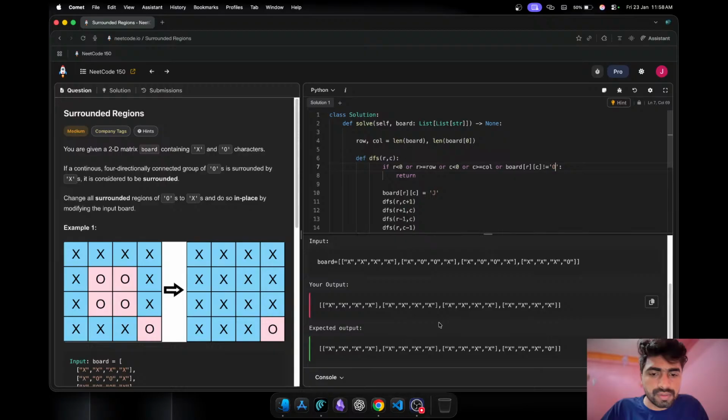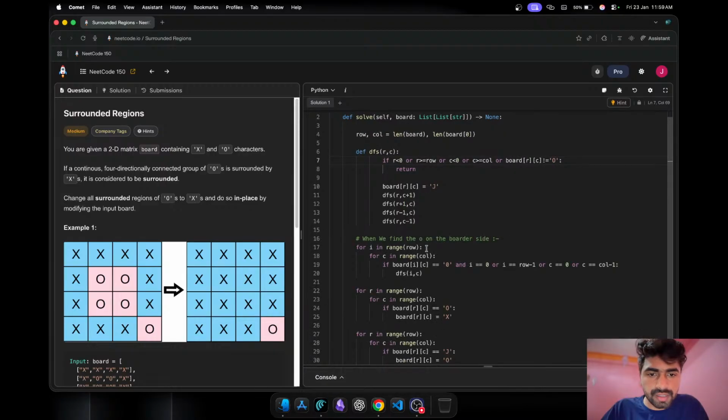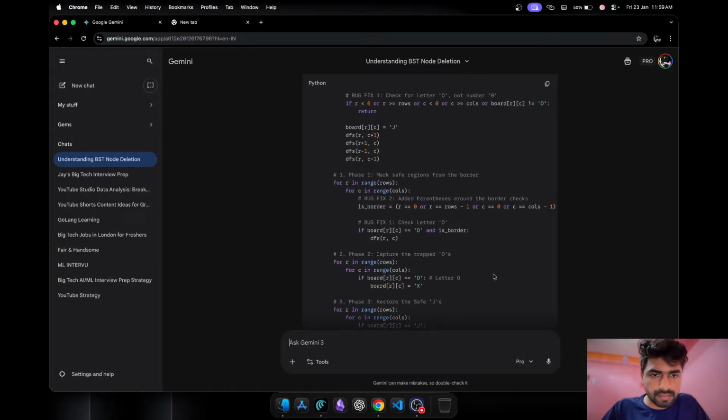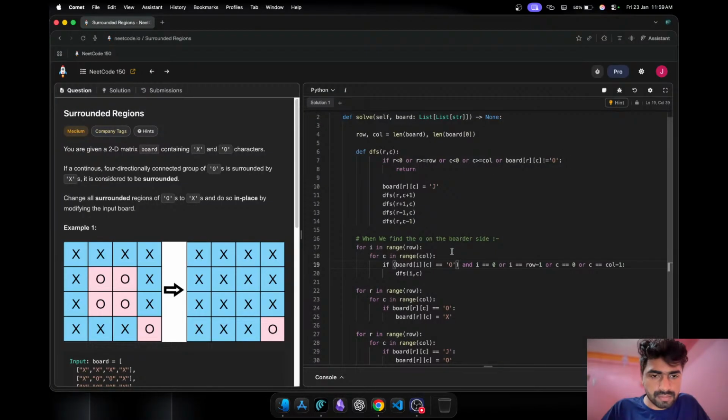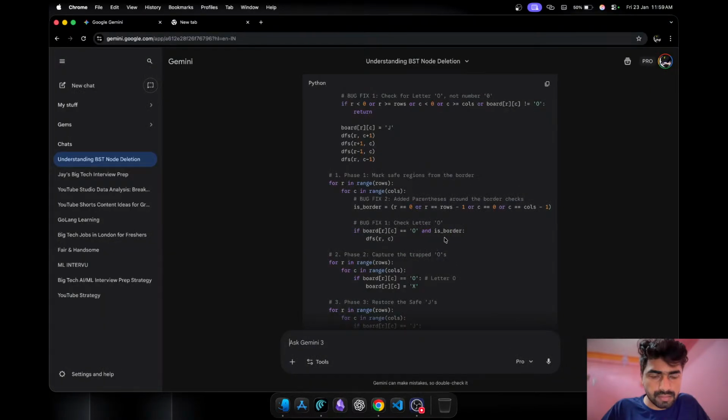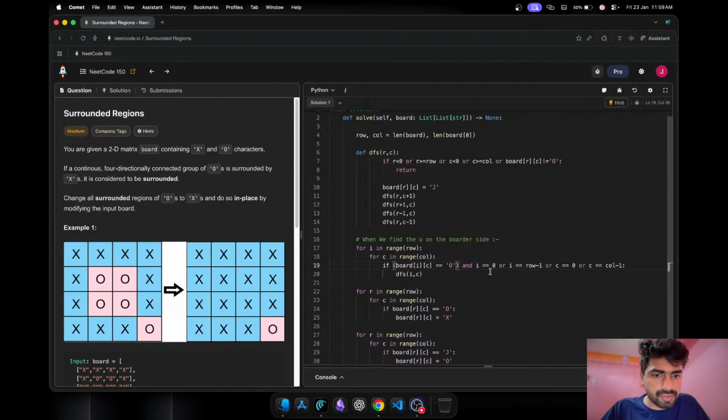Let's remove this, and convert it to O, and I equals 0.